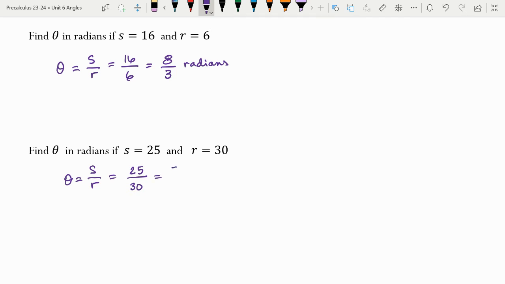When I reduce that fraction, both are divisible by 5. I get 5/6 radians. So if I know the arc length and I know the length of the radius, I can find how many radians that central angle would be that is subtended by that arc length.